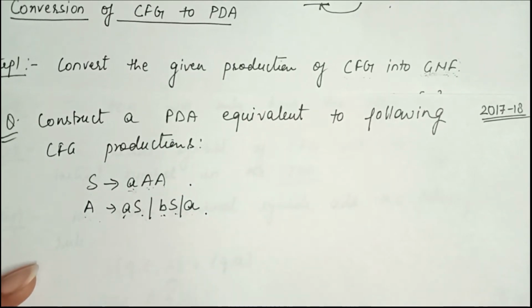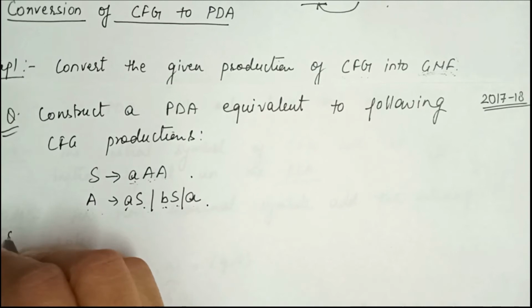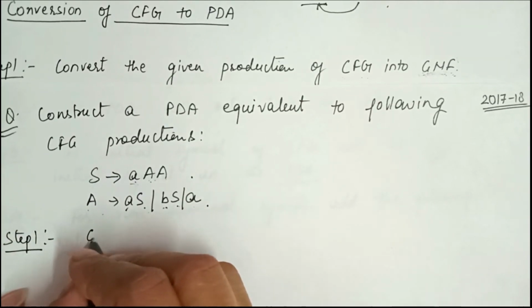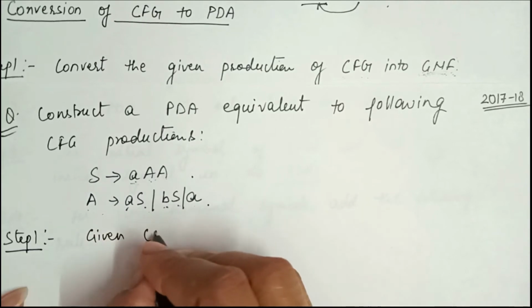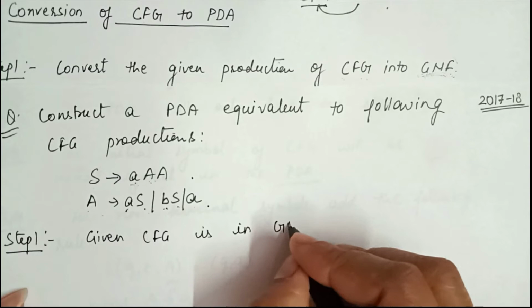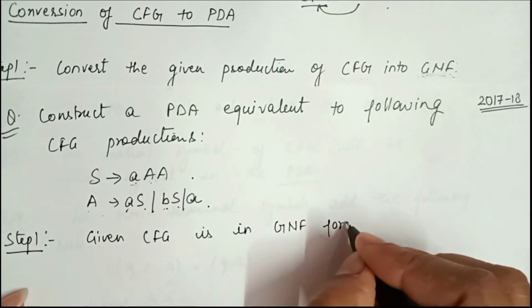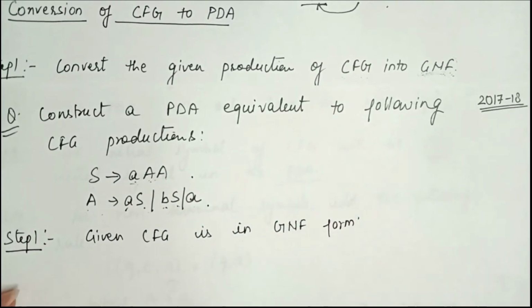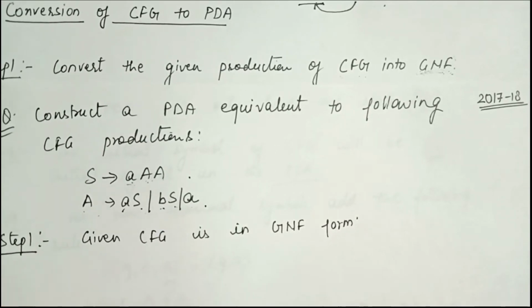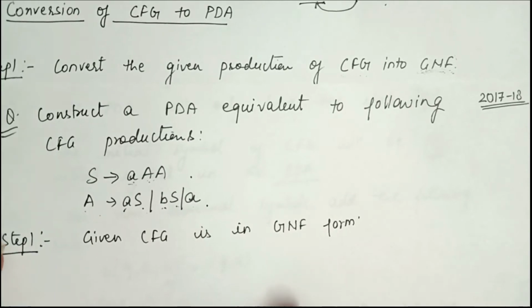So this is in GNF form. So step 1 is that the given CFG is in GNF form. If it is not in GNF form, we have to convert it into GNF, but the given grammar is in GNF form, so we proceed further.